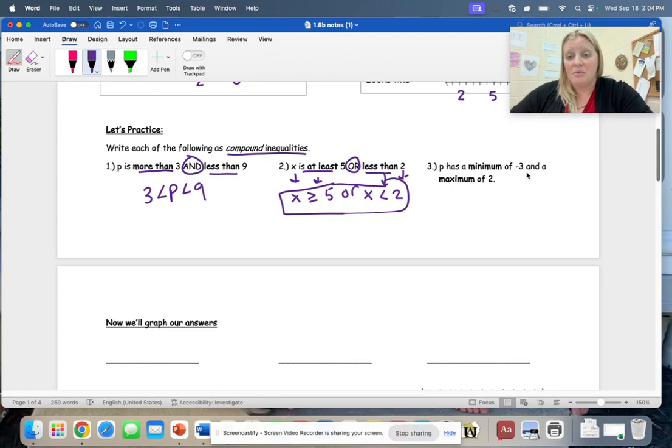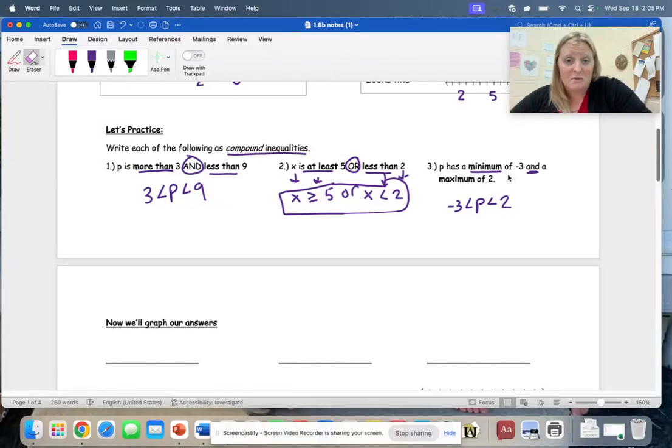Number 3, you can see that word and. So again, we're going to put the letter in the middle, an arrow on each side. The smaller number goes to the left. The bigger number goes on the right. Now we just have to decide if we should include -3 and 2 as answers. So if we look at the word minimum, that's being used for -3.